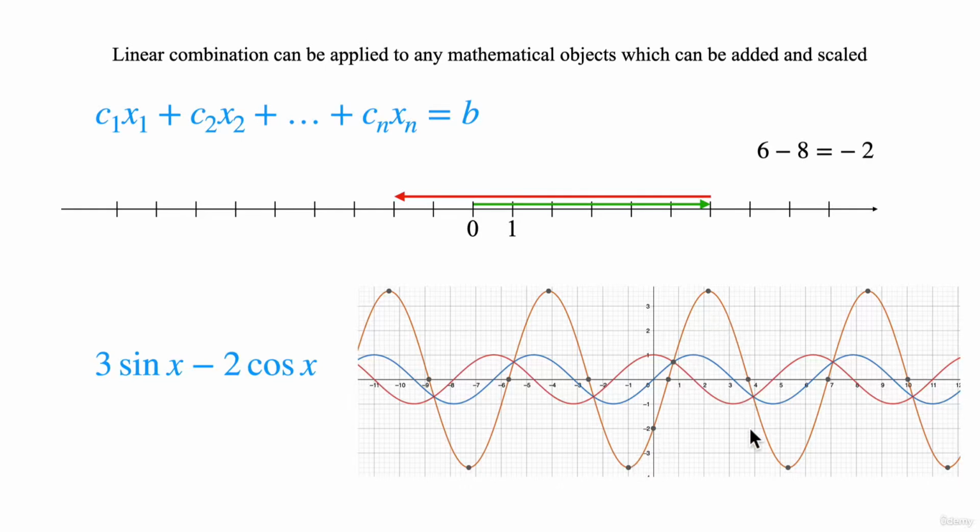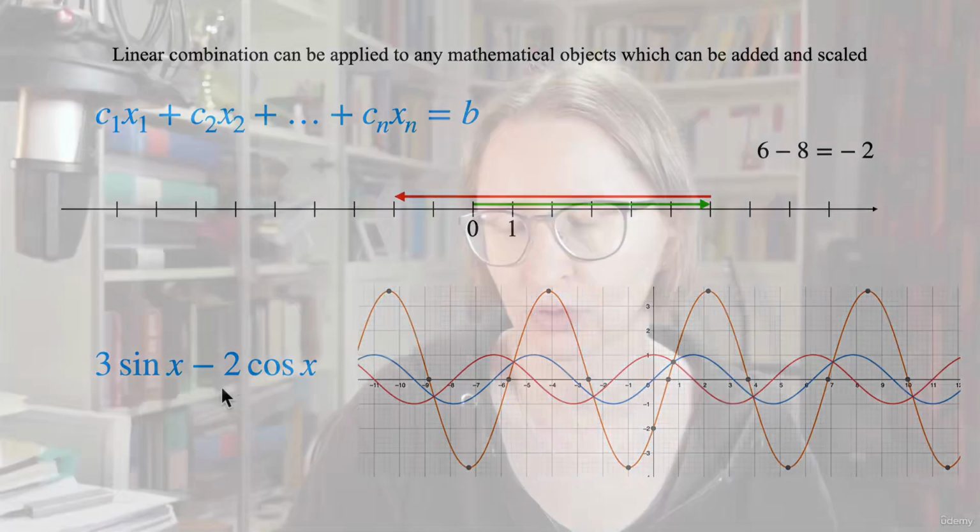And this orange one corresponds to this linear combination of the two functions, sine x and cosine x, with coefficients plus 3 and minus 2. So the concept of linear combinations is actually quite broad. You can make a linear combination of anything that can be added and scaled.